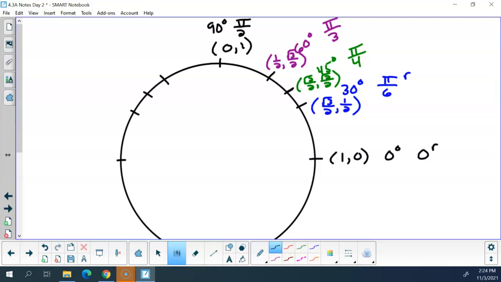So in terms of coordinates, this one would be negative 1/2, square root of 3 over 2. This one would be negative square root of 2 over 2, negative square root of 2 over 2. Oops, I'm sorry. Yep, that should have been positive.